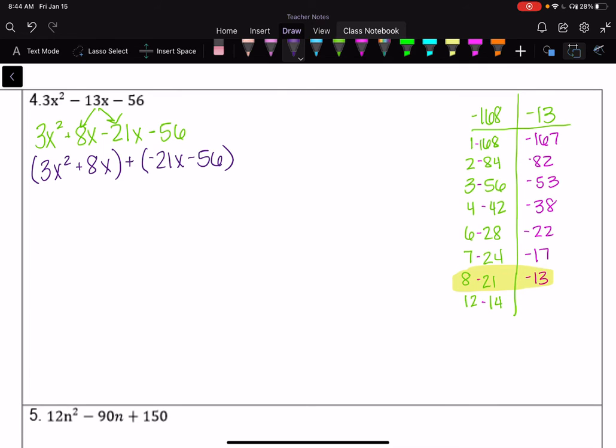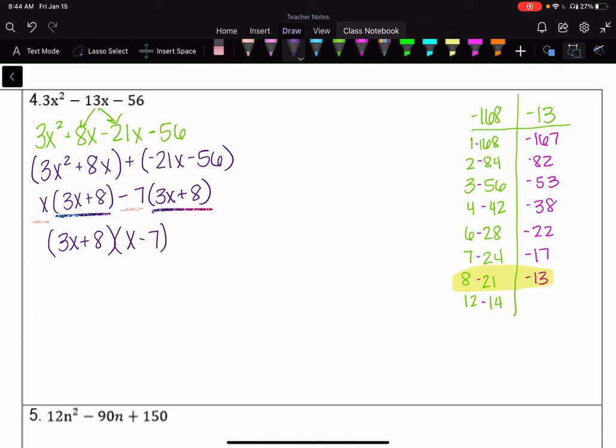Now I'll take my GCF from both groups. Now I'll take my funny GCF, which is my binomial GCF, and I'm left with x and negative 7. And that's my final answer.